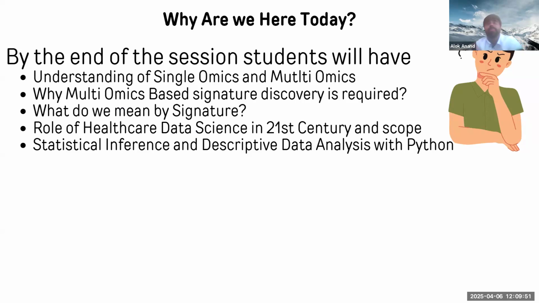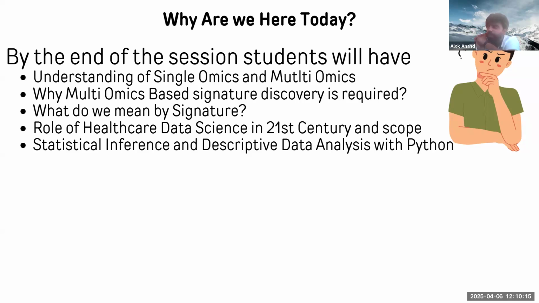We know that biology doesn't work in silos. It doesn't work in isolation. Each and everything is related, and this is what is known as systems biology. We know that gene leads to DNA, leads to RNA, leads to protein.